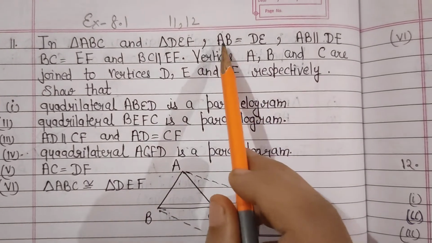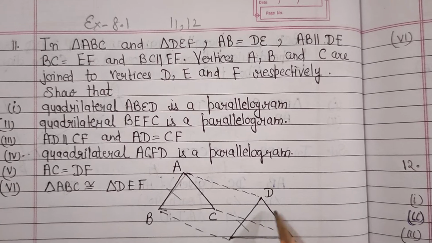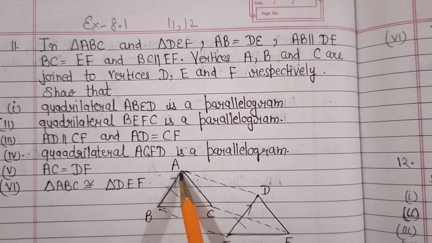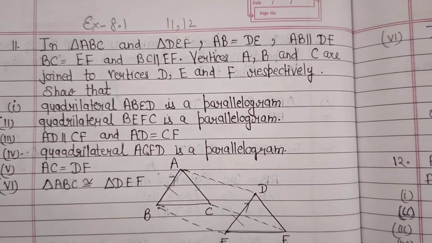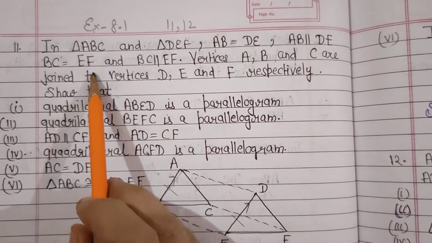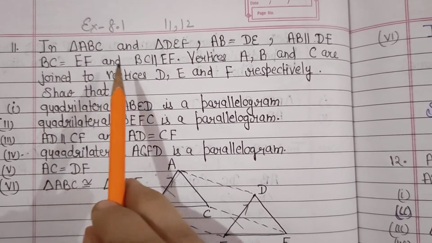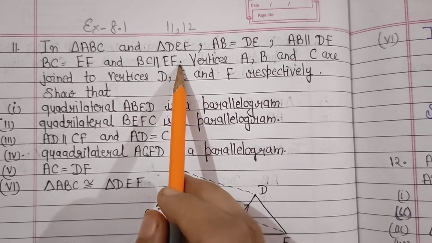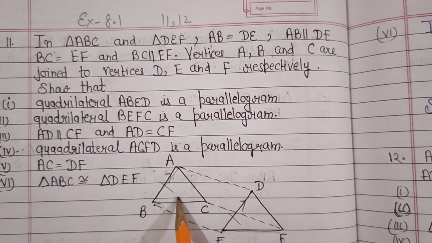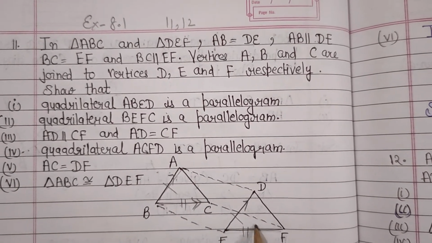What is given? AB is equal to DE and AB is parallel to DE. It means AB and DE, both lines, are given equal and parallel. And BC is equal to EF and BC is parallel to EF.